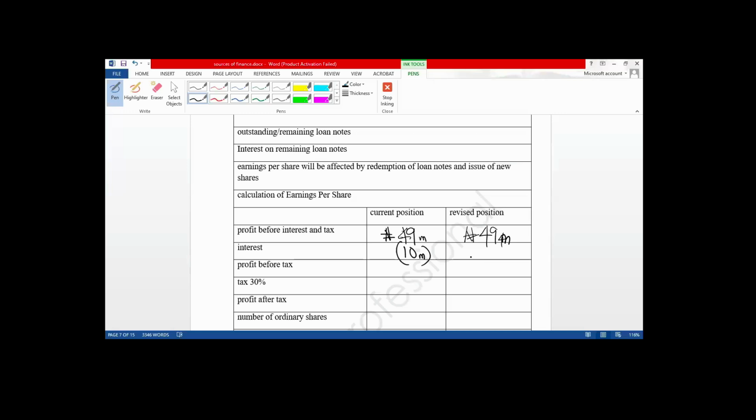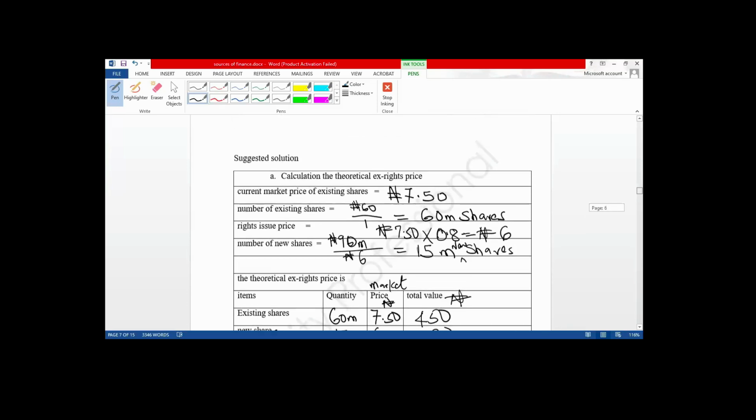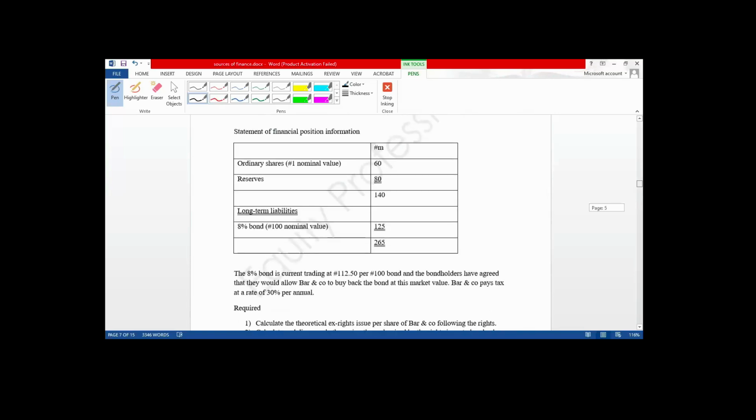Yes, sir. Good. Now, by how much will our debt reduce? Let's go to the question. Currently, the bond, look at the bond value, nominal value, 8% bond. The value is 125 million.